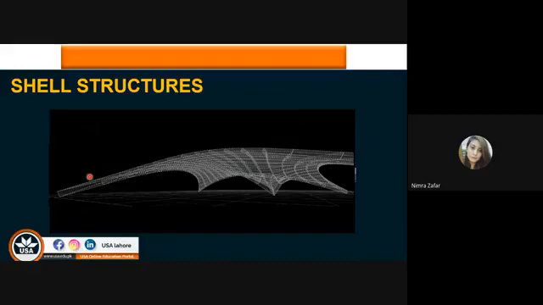There we use shell structures. These shell structures are made of concrete or glass, or there are other such materials which are very thin membrane type. And this thin membrane is basically lightweight, but it supports huge load. So let's go into the detail what the shell structures basically are.